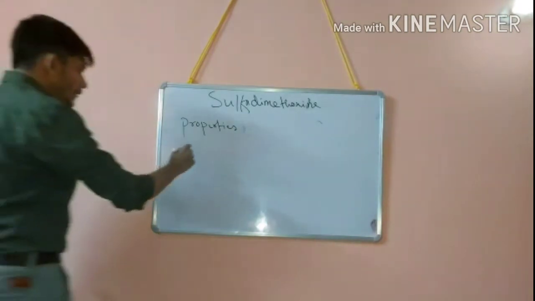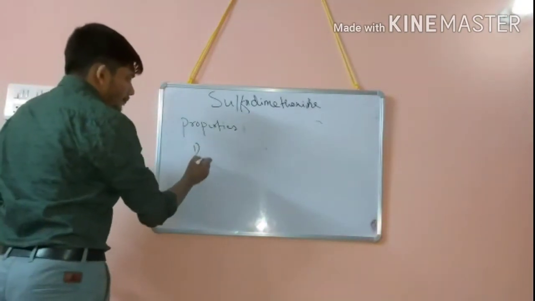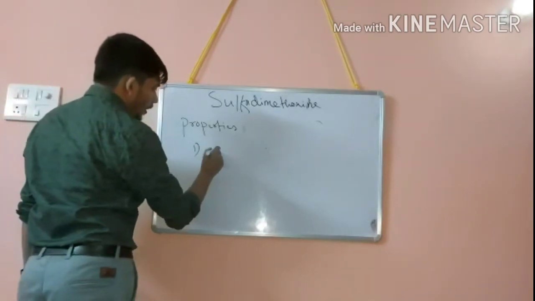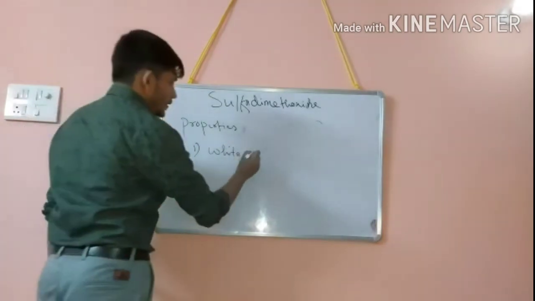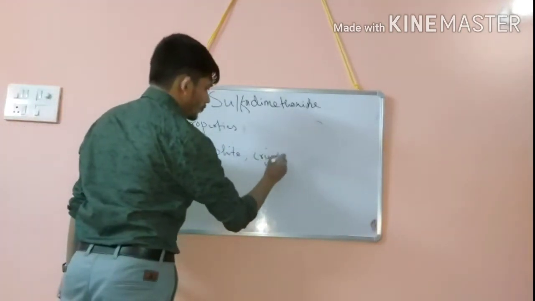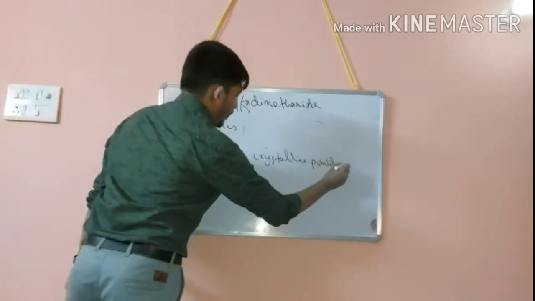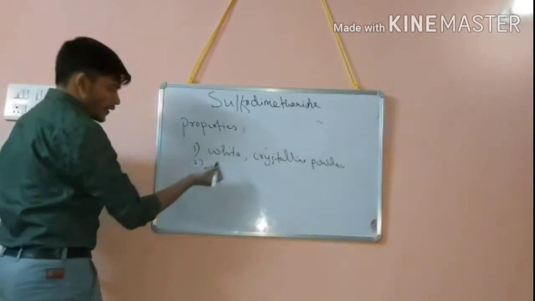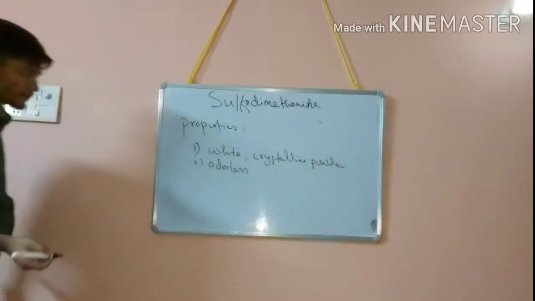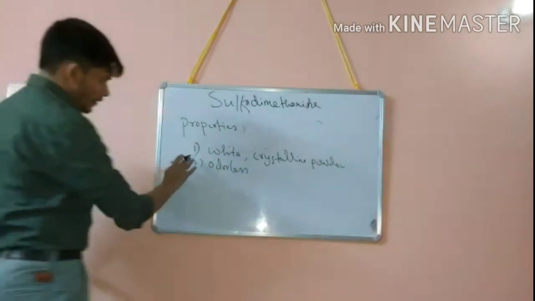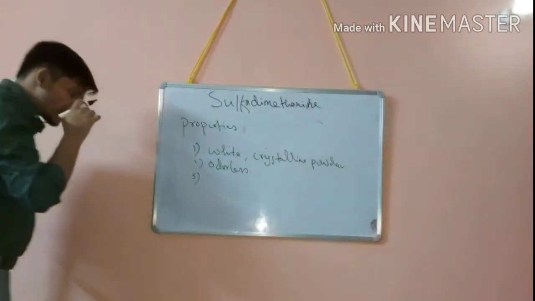First, it is a white crystalline powder. Then it is odorless. Next, another property, that is solubility.